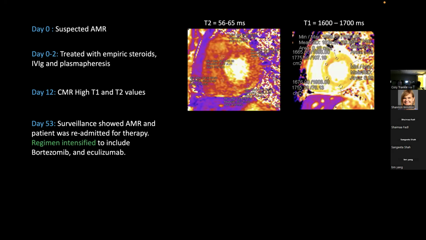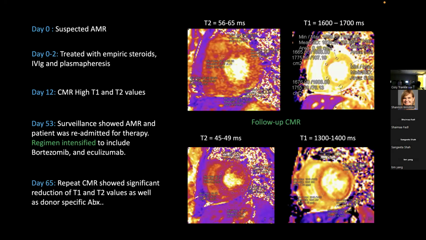On day 53, surveillance showed antibody-mediated rejection suspicion again, and the patient was readmitted for therapy. Her regimen at that time was intensified to include bortezomib and eculizumab. And after that, there was a repeat of the cardiac MRI.